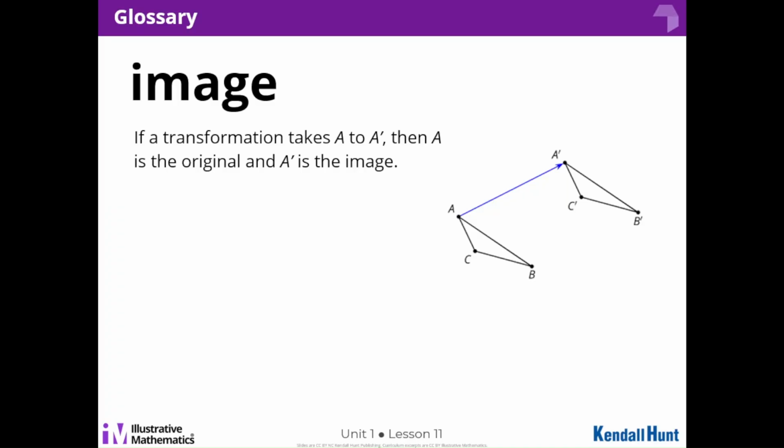And now point A becomes point A prime. Point B becomes point B prime. Point C becomes point C prime, and now this new triangle that we have created is considered the image triangle of the original one that was down in the bottom left.